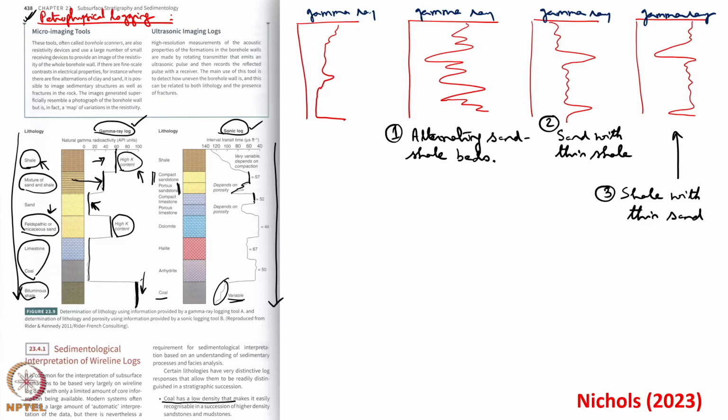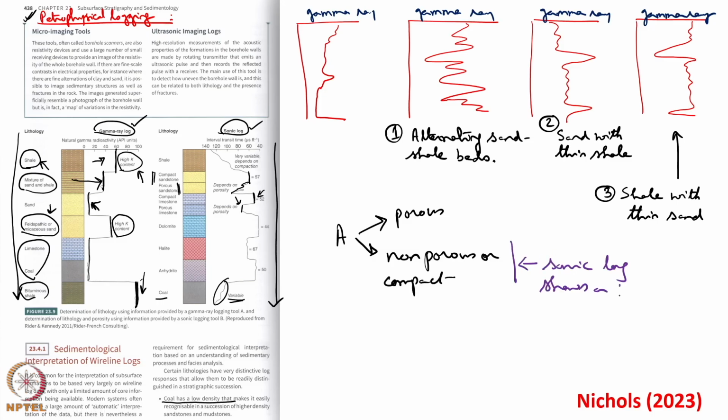Since compact limestone has higher density than the porous limestone, this difference can be seen. If there is a rock A with two varieties, porous and non-porous or compact, then the sonic log shows a peak here and here it will show a fall.